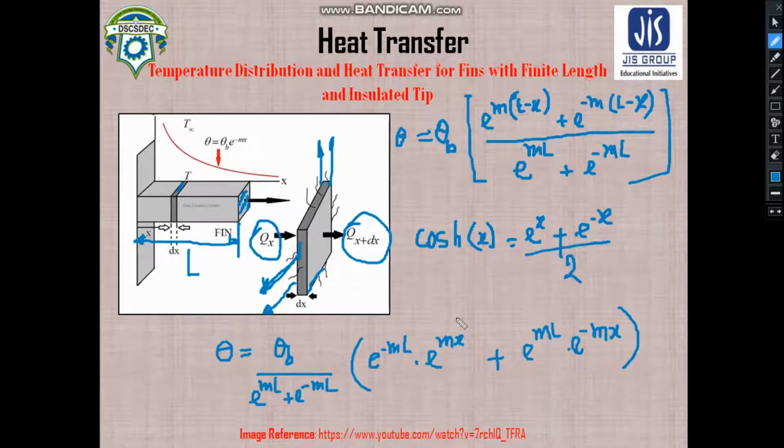Now if you want to find out the sine hyperbolic, it will be almost similar to that of cos, but only there will be a minus here. So it will be e to the power x minus e to the power minus x divided by 2.